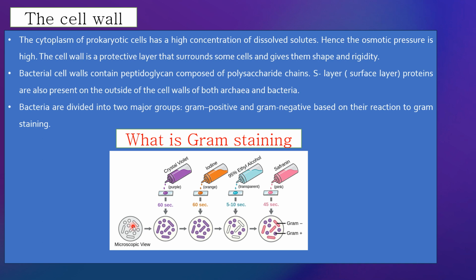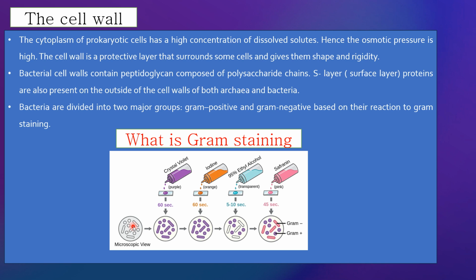Then after 60 seconds we took iodine. Why iodine? Why not safranin? Why not sodium chloride? Why not potassium chloride? Because iodine is used as the mordant that helps the penetration of the crystal violet into the gram positive bacteria.